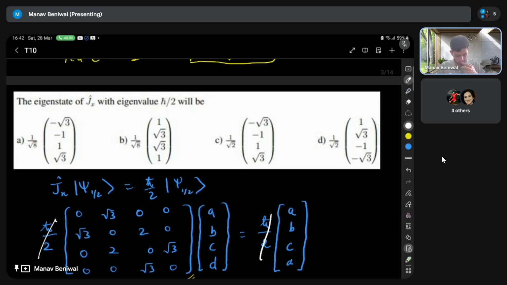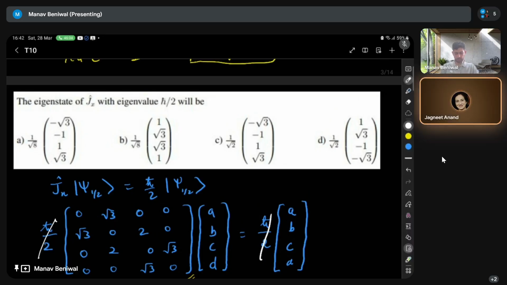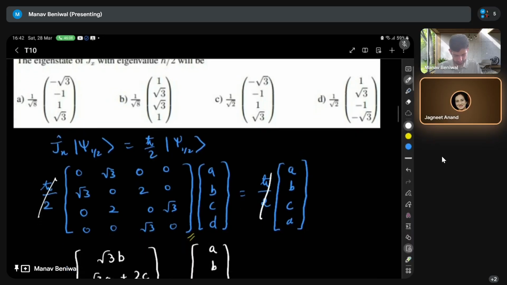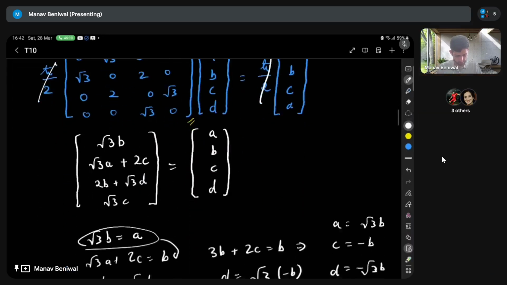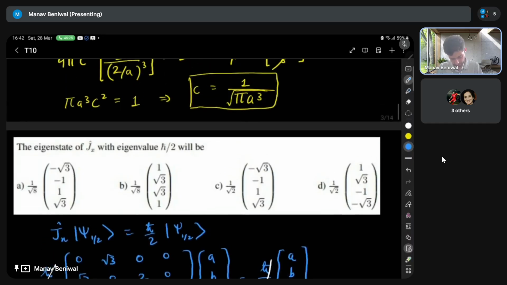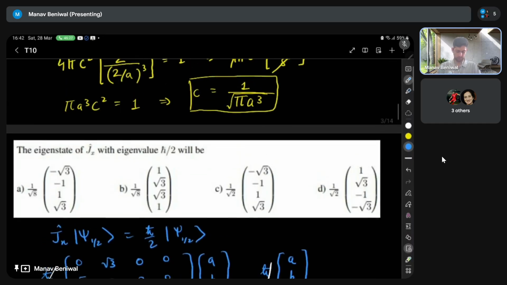From normalization we know that it has to be A, because if you take b equal to minus 1, then it should be okay. So we can take minus 1 and then all these signs will reverse: minus 1, minus 1, plus, plus. So minus root 3, minus 1, plus 1, plus root 3. Yeah, A.